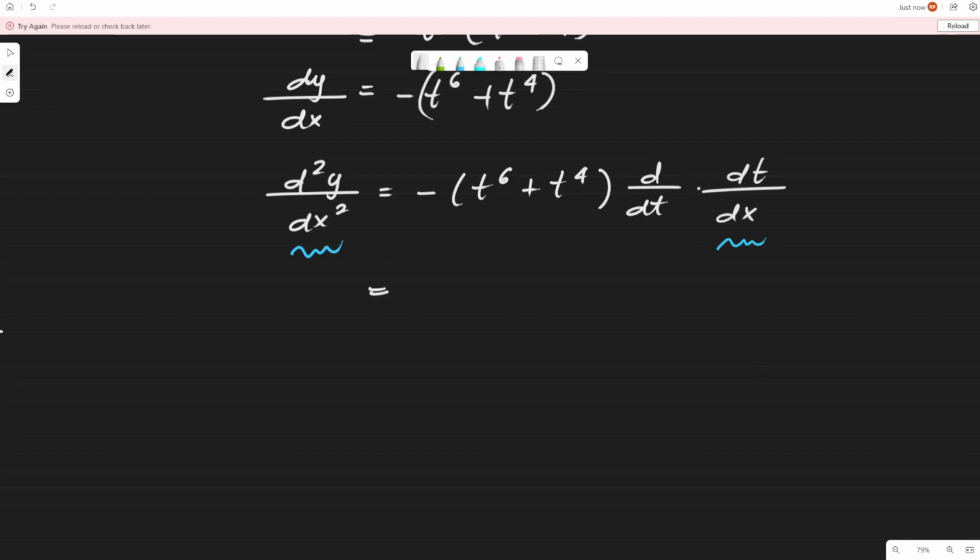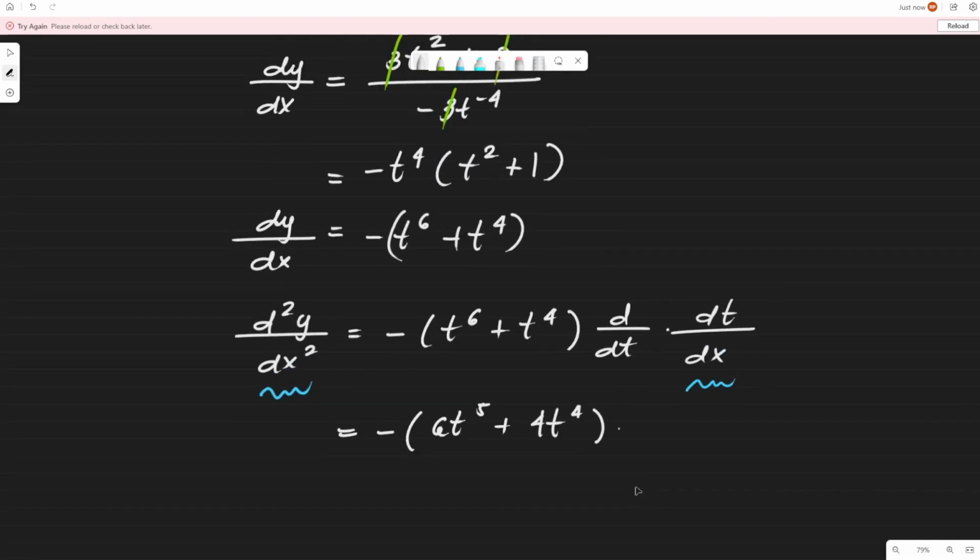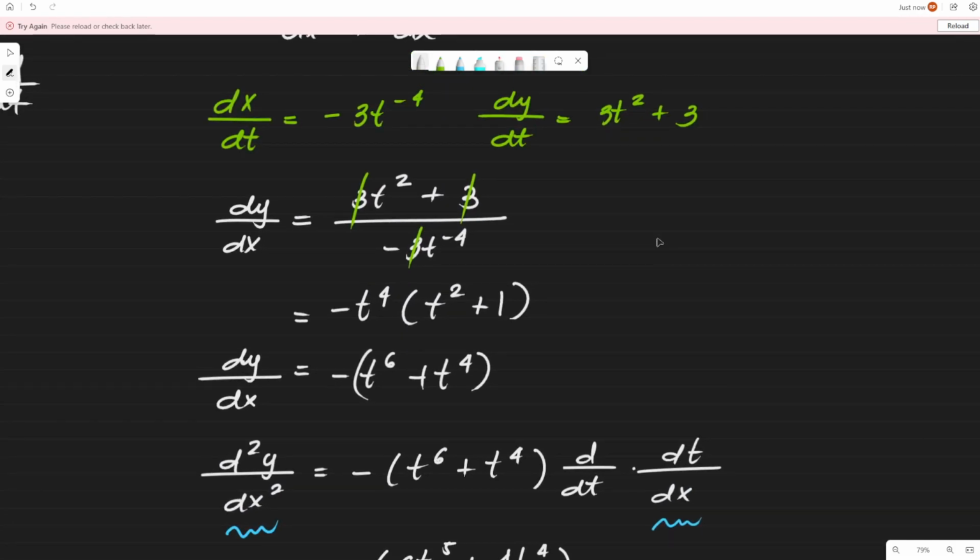Okay, so we will have negative 6t to the fifth minus 4t to the third, times, what do we need to multiply? That is 1 over 3t to the fourth, right?